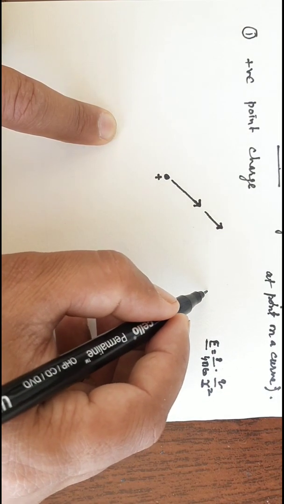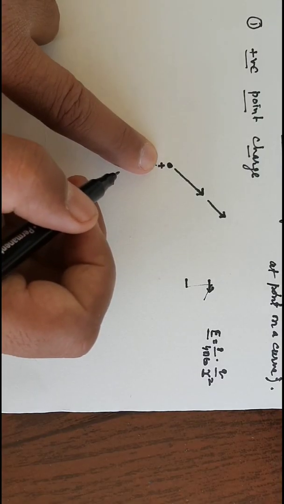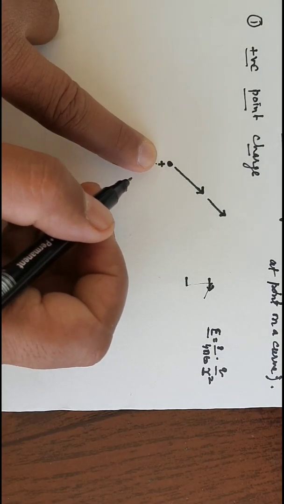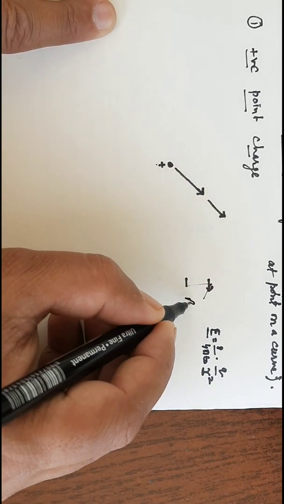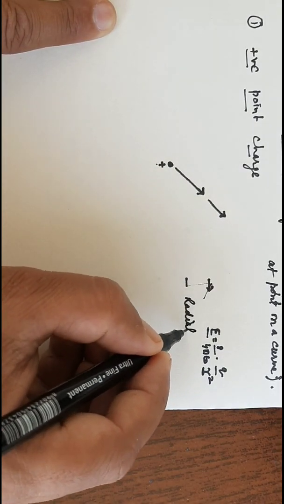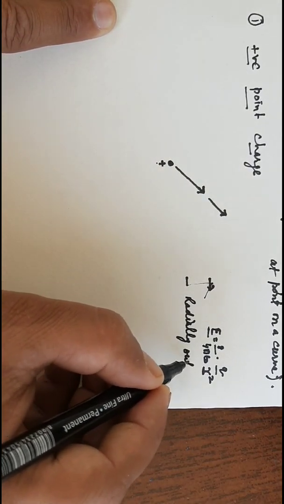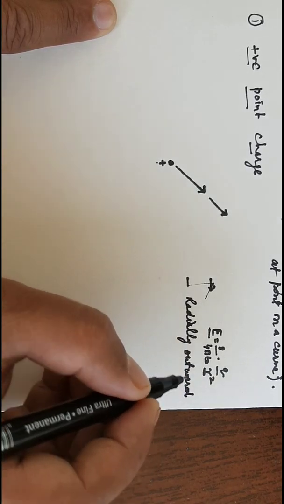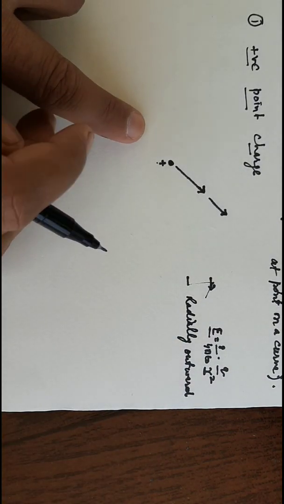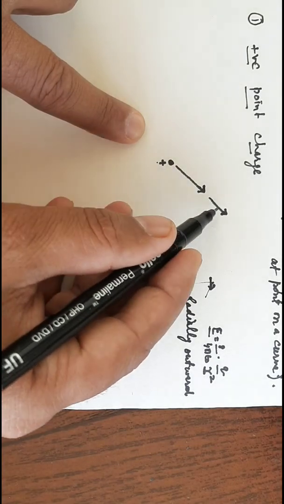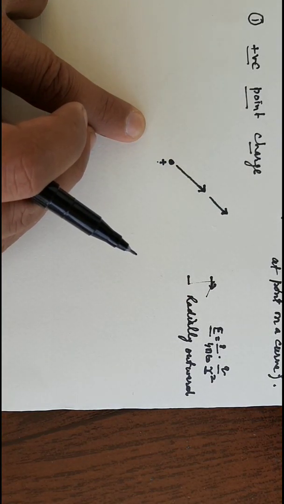So the first case, the electric field lines for the positive point charge, are radially outward, as I have shown with the arrows.